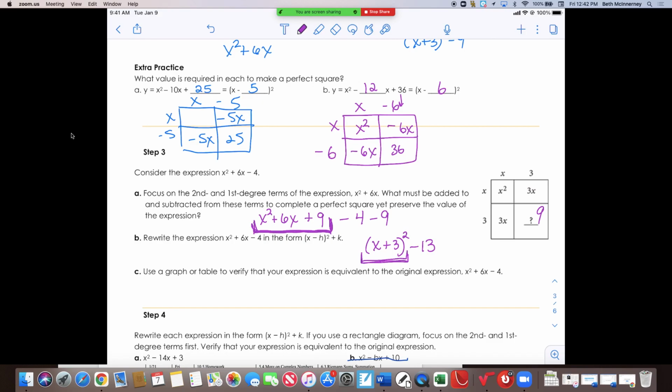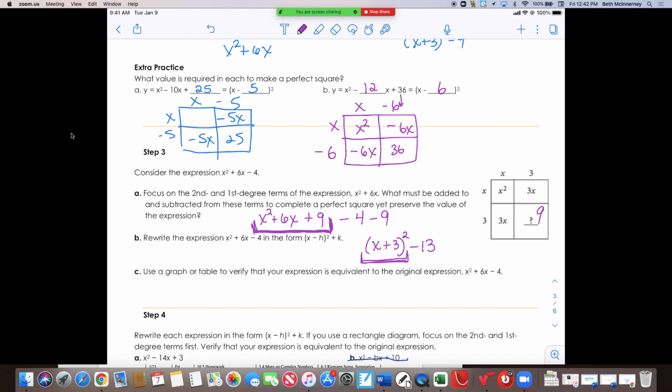And again, I'm going real slowly here because I've taught over 30 years, and every single year I have students go, what happened to the 6x? Where did the 6x go? The 6x is in here. It's x squared plus 3x plus 3x plus 9. That's packed into x plus 3, the quantity squared.